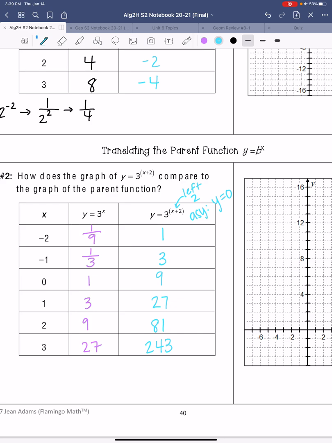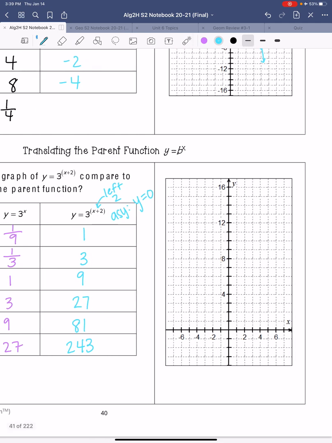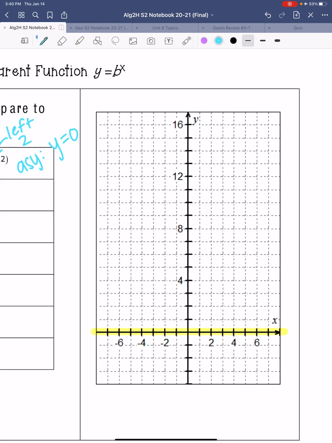Okay, when I graph this, I'm just going to go ahead and graph the parent and then shift it all over, or all left 2. So take a highlighter or highlight your asymptote. Okay, and then I'll zoom in here. So for our parent function, we had -2, 1/9, so just really close to 0.